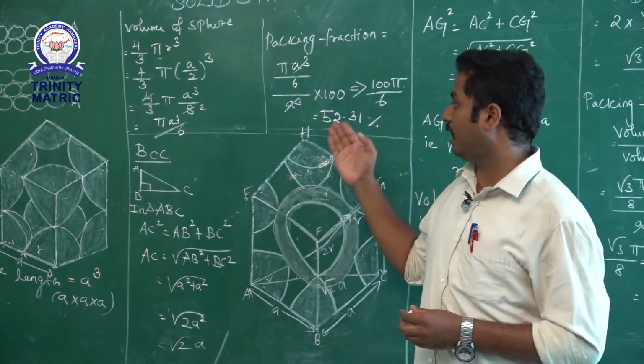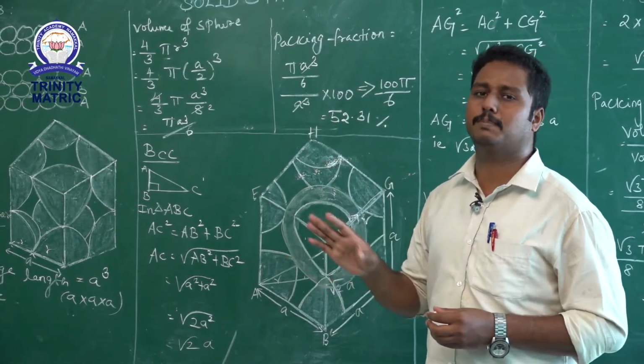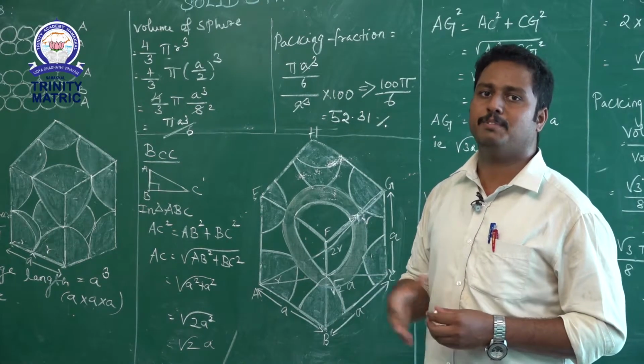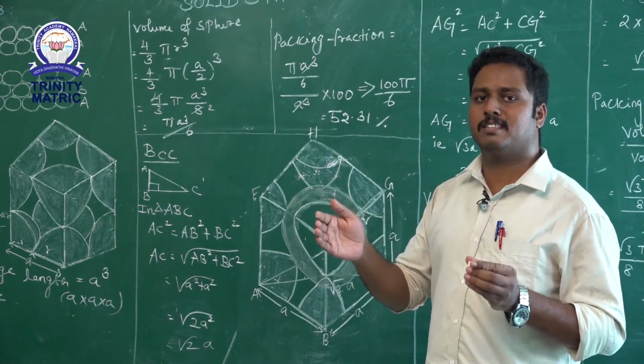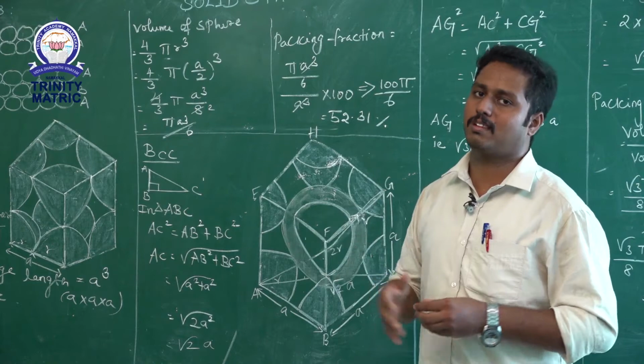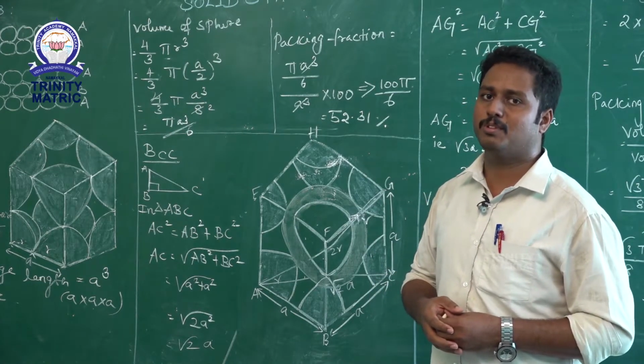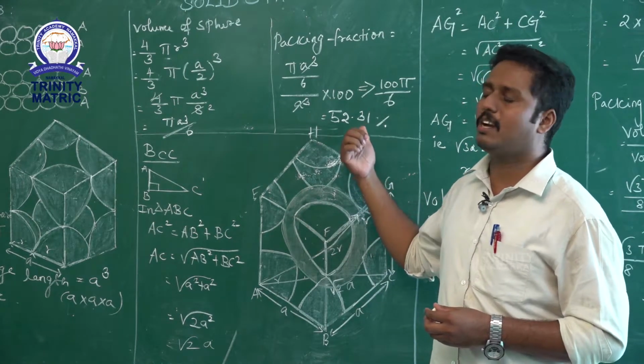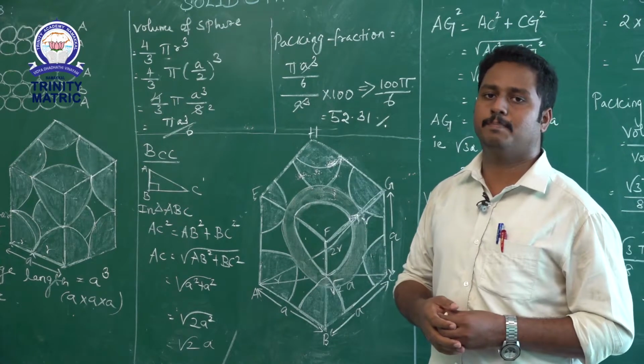The remaining almost 48% is empty. Because it is empty, that space minimizes the attractive force of the atoms. So this is the packing fraction or packing efficiency of the simple cubic.